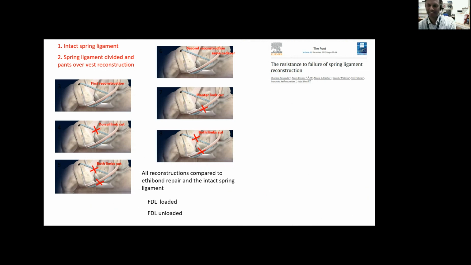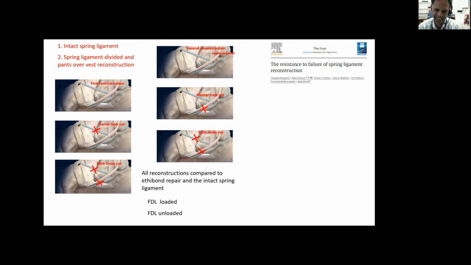And we're able to try to look at which one of the reconstruction is the most important. And there's several out there, but this one we looked at. And what we did, crucially, I think, was looked at whether a simple repair was better than a reconstruction, and which part of this well-defined reconstruction was the most important. And by sectioning these and applying an abduction force, what we found was that reconstruction was always better than a repair.